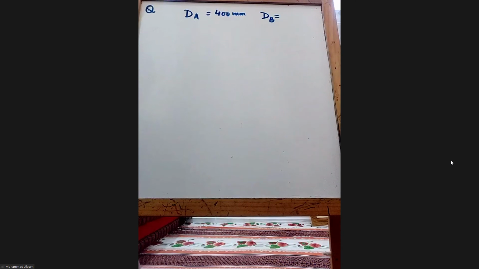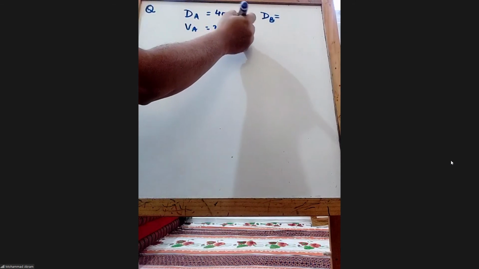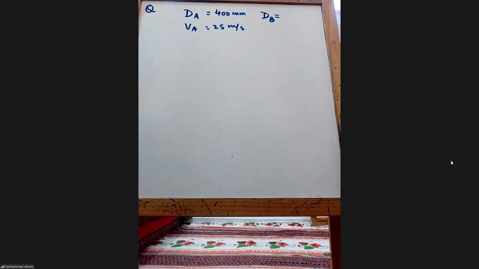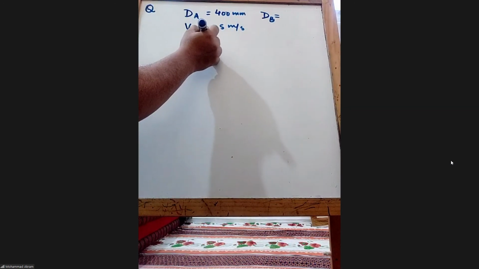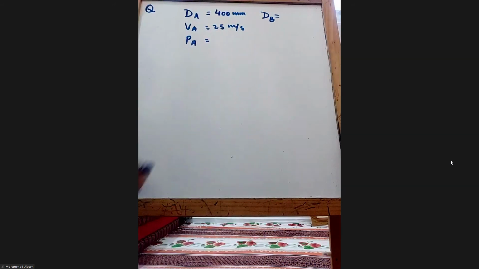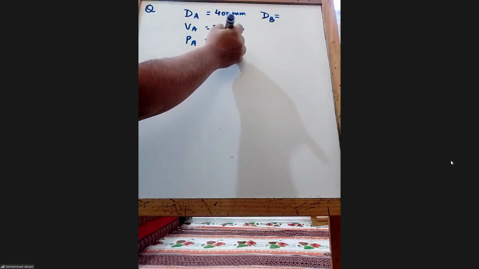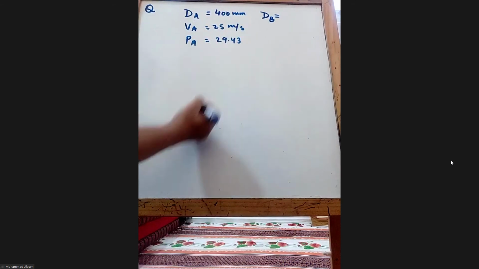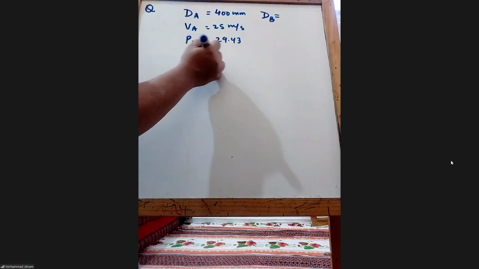And with velocity 25 meter per second at A also. Pressure at A and B given as 29.43 Newton over centimeter square and 22.65 for B.